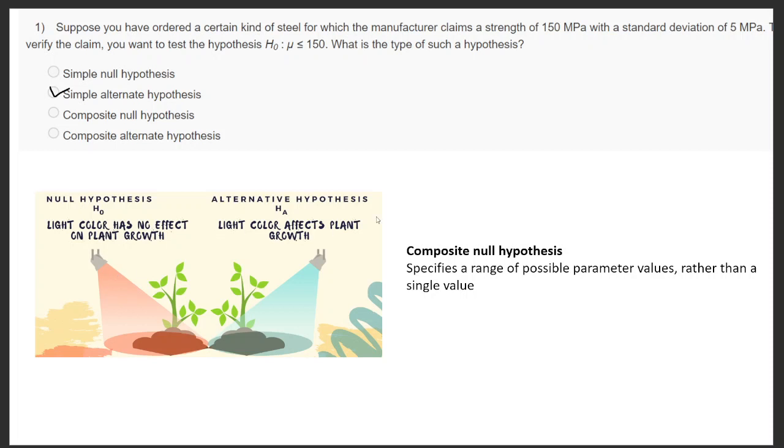If I say light of wavelength 300 nanometers, or 300 to 400 nanometers, affects the plant growth, that is more specific. That will come under composite null hypothesis. When you have more information to specify a hypothesis, it comes under composite null hypothesis. So here it is a simple alternate hypothesis.